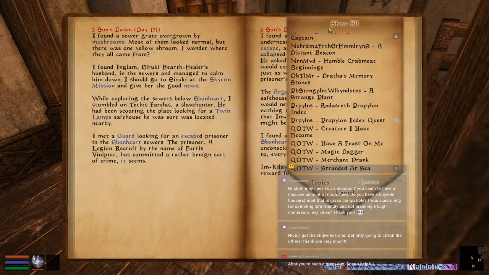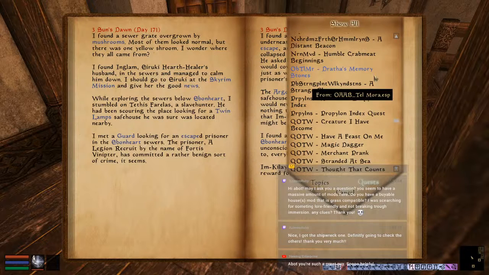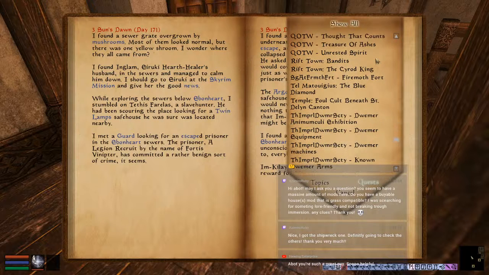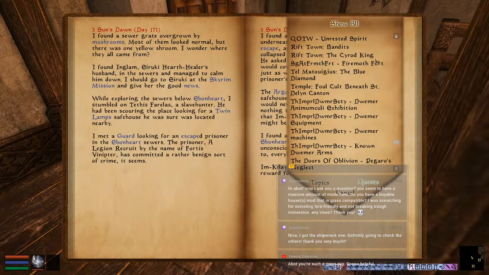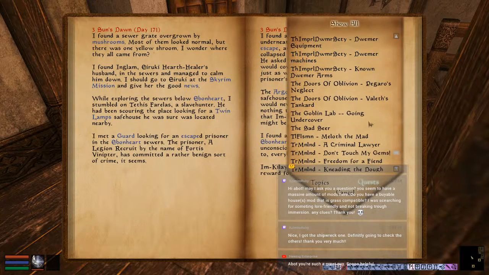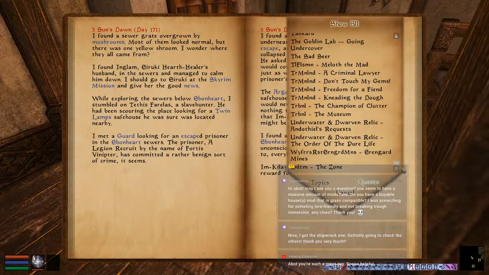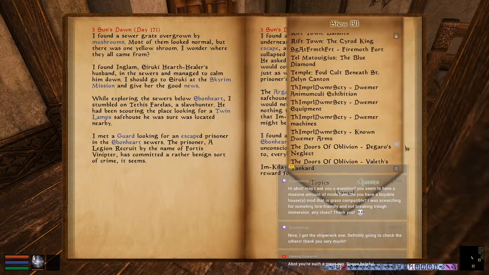But this could be really useful, have some search field to filter the quest list even more. Because even sorted they are still a lot, so finding the right quest is still time consuming.